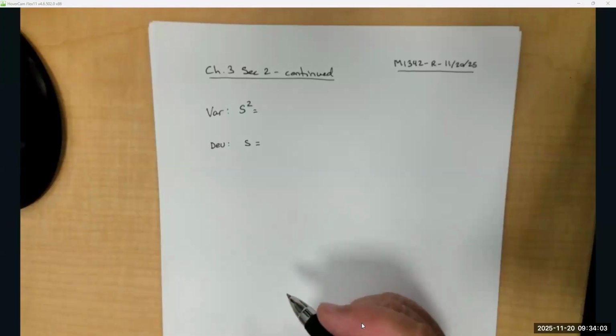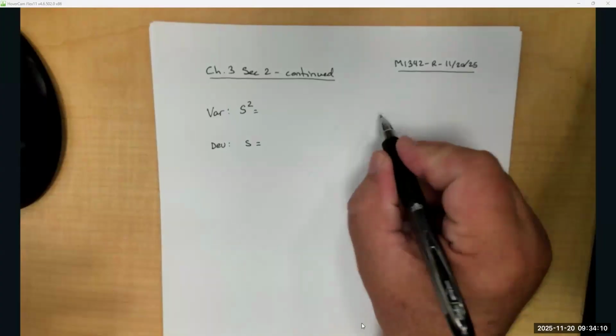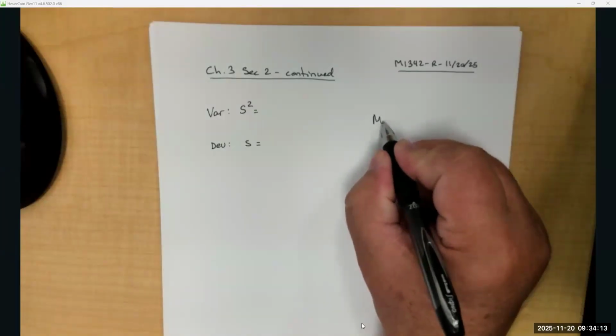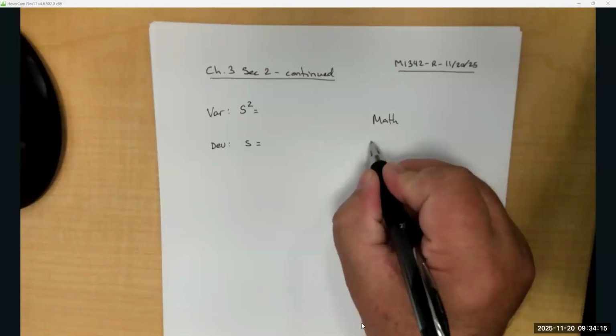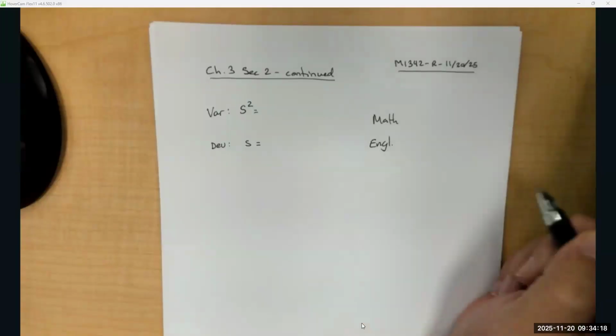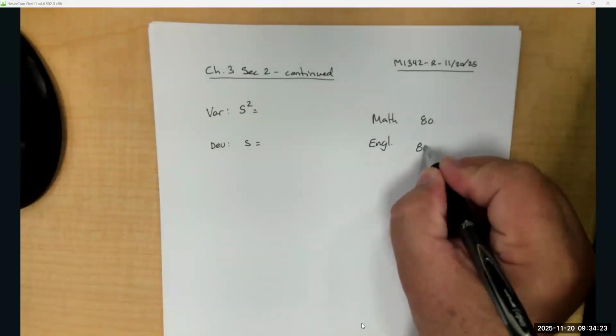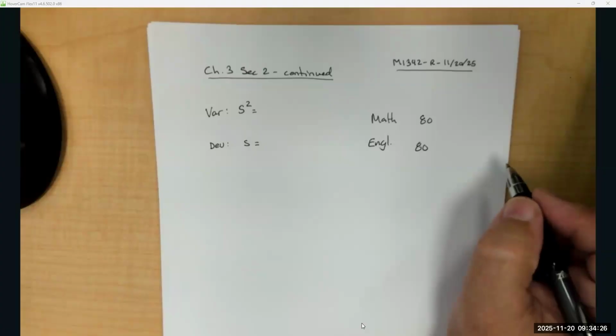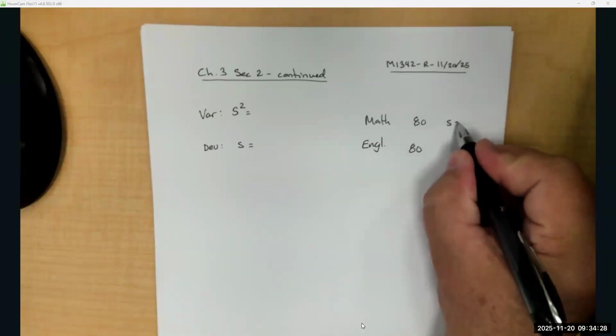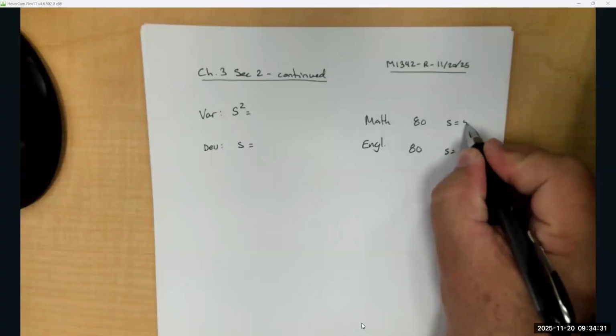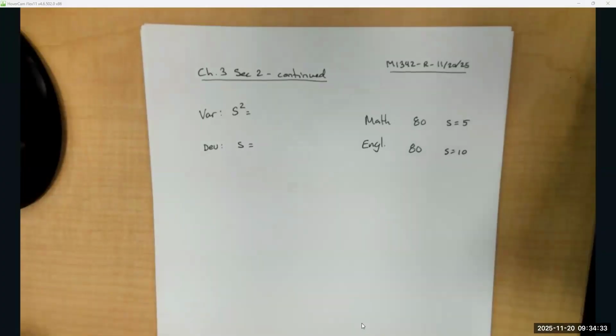Can we compare 2 variances or 2 deviations? In other words, let's say you had a math exam and then an English exam. If you made 80s in both of them, but the deviations were different, what does that tell us about the data?